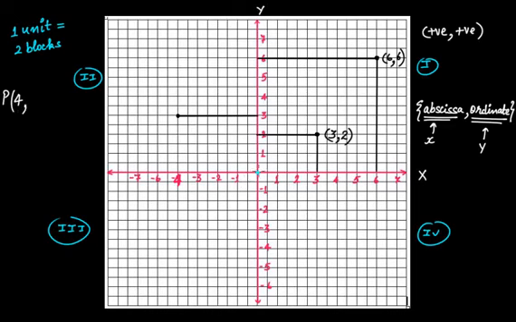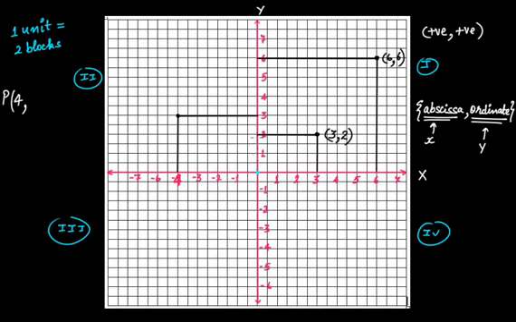Now, this point P has an abscissa of 4, that is, the x coordinate is 4, and then you will measure the distance of this point from the x-axis. That will tell you the ordinate or the y coordinate, and for that you have to count the number of units on this y-axis.